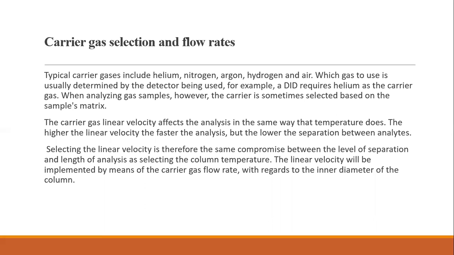Many modern GCs electronically measure the flow rate and electronically control the carrier gas pressure to set the flow rate. Consequently, carrier pressures and flow rates can be adjusted during the run, creating pressure flow programs similar to temperature programs.